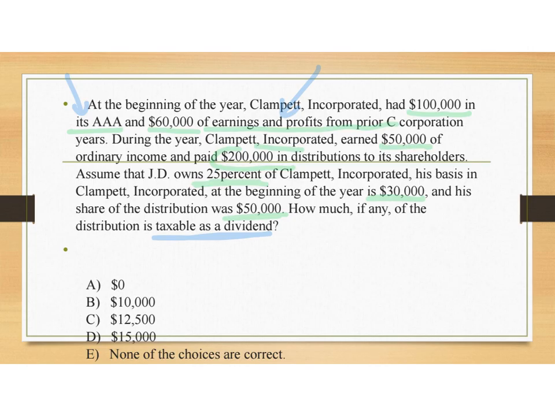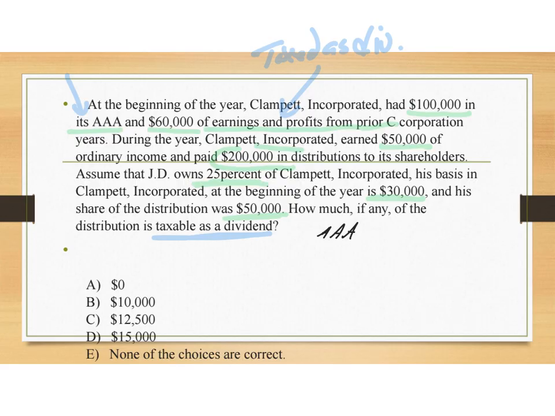If they come out of earnings and profits, they are going to be taxed as a dividend. Okay, so what we have to do is figure out what portion of this distribution came from AAA and what portion came from earnings and profits.